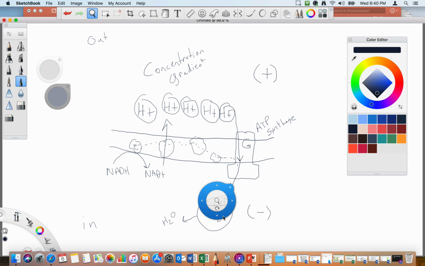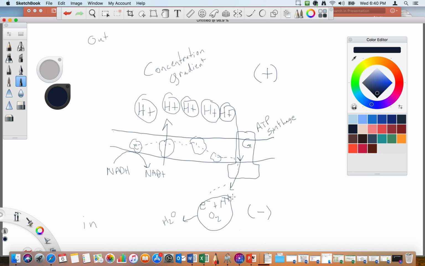This is not a balanced equation by any means, but this is not a chemistry class. Eventually we will get water that forms. And ATP synthase will phosphorylate those 38 ADP and make the 38 ATP. It's the spinning action that powers this reaction.